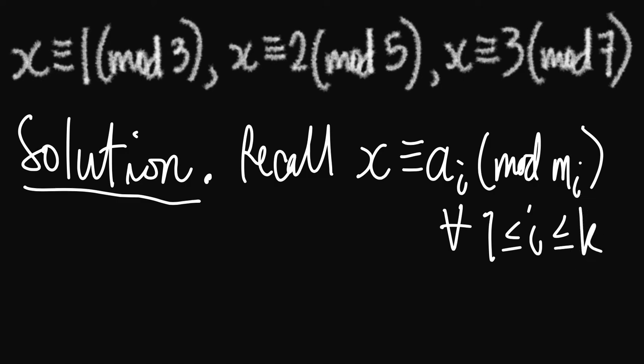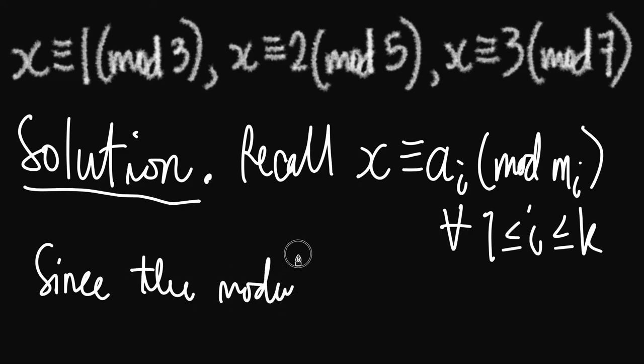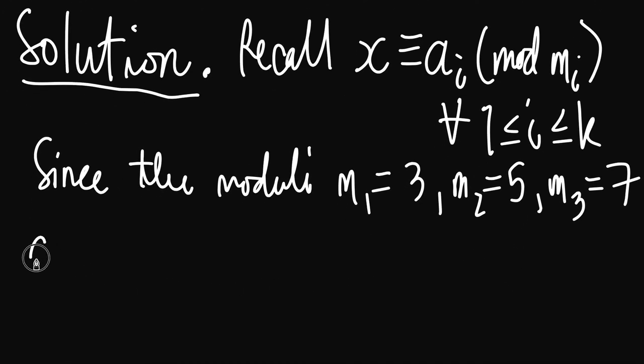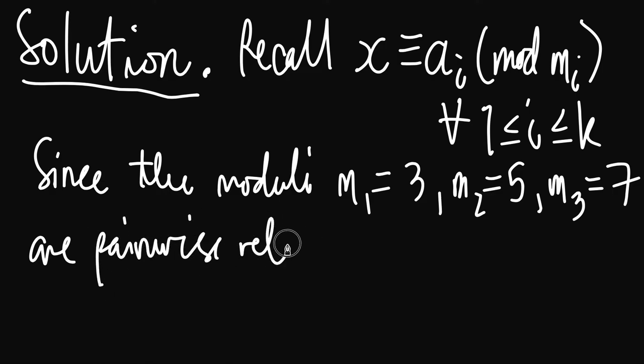Now, since the moduli we can see here, small m sub 1 is equal to 3, small m sub 2, the second moduli, is 5, and the third moduli small m sub 3 is 7, and we can see that they are pairwise relatively prime.